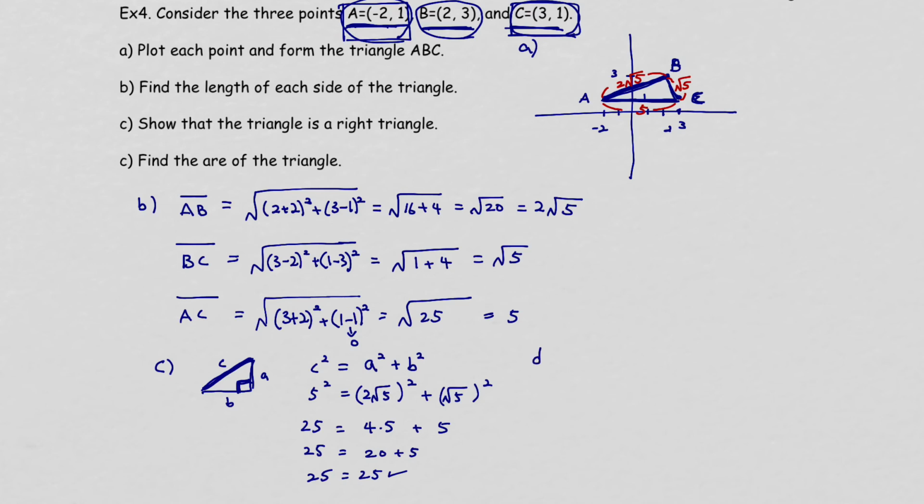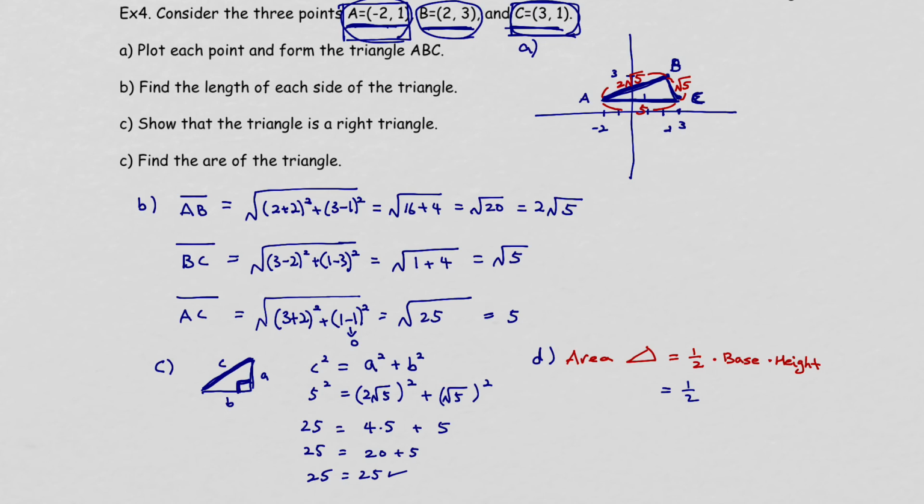What about D? What is D asking you to do? Find the area of the triangle. So for the area of the triangle, we need to use the formula. Area of the triangle is equal to 1/2 times base times height. So let's see. We can replace this 1/2.